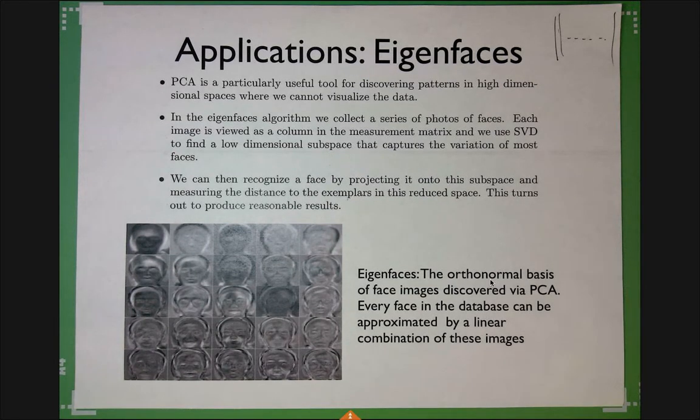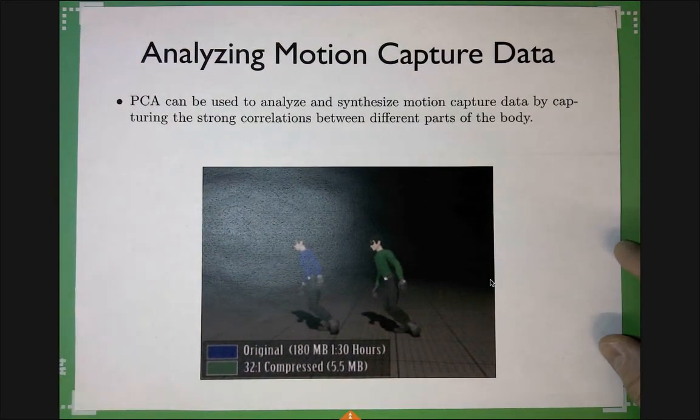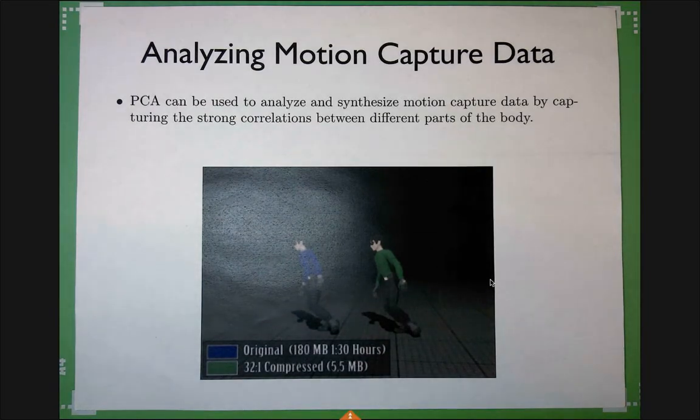Then you can use it for lots of applications. You can use it to compress a face, of course. You can use it to compare two faces, to extract features, again, by projecting it on the space of your eigenfaces. There are other applications, such as analyzing and compressing motion capture data. You can really compress anything, motion capture data being no exception.